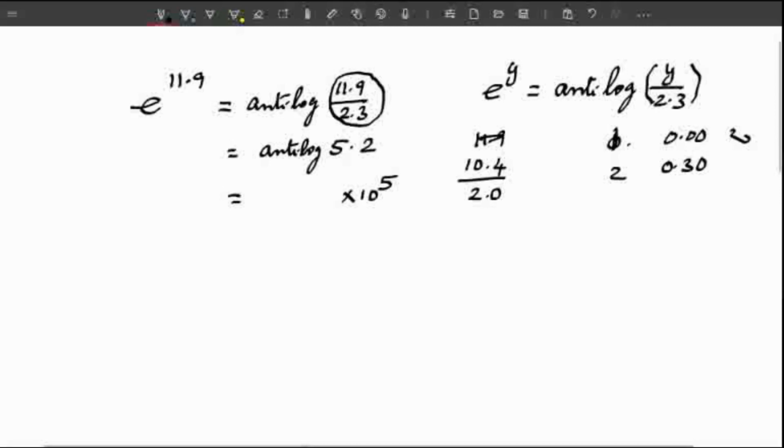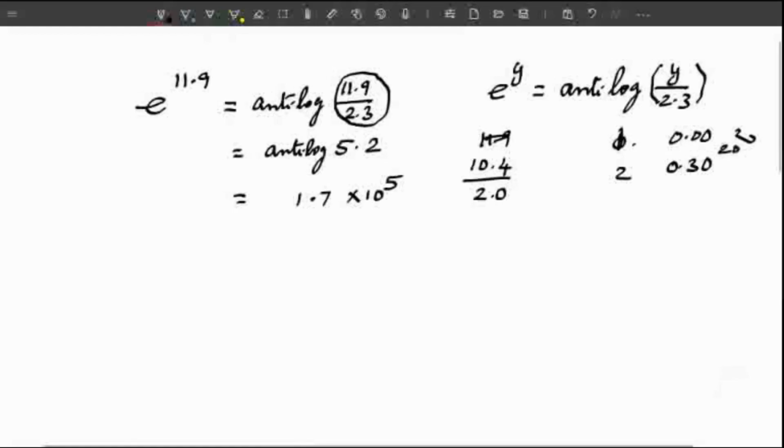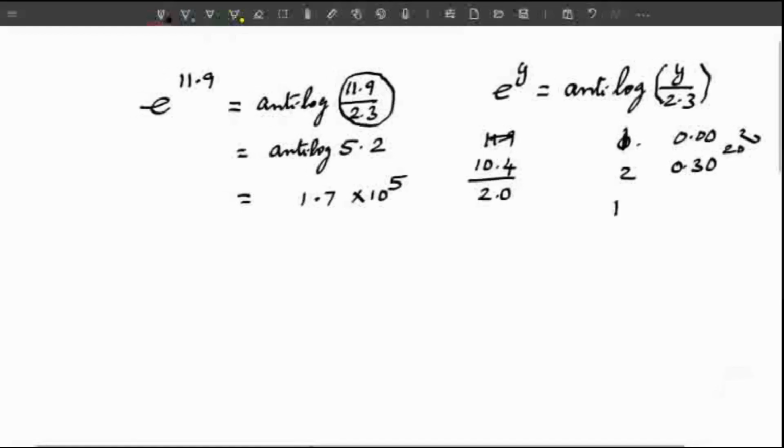Therefore, it is 1.7. The value would be nearing this one. For 1.5, it is nearly 0.15. For 2.30, the value is 0.2. You have to take anti-log for the 0.2 only. I have added 0.7 to the 1. Therefore, this may be the answer.